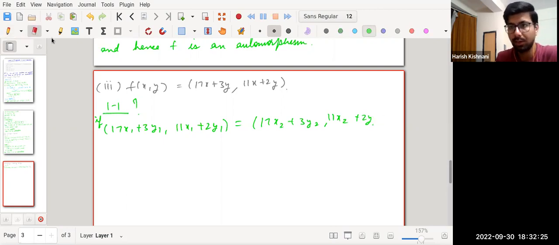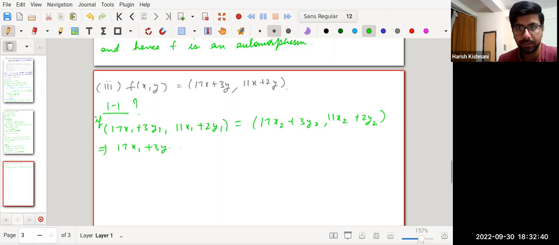Now compare the two coordinates. This will imply that 17x1 plus 3y1 is the same as 17x2 plus 3y2, and 11x1 plus 2y1 is the same as 11x2 plus 2y2.